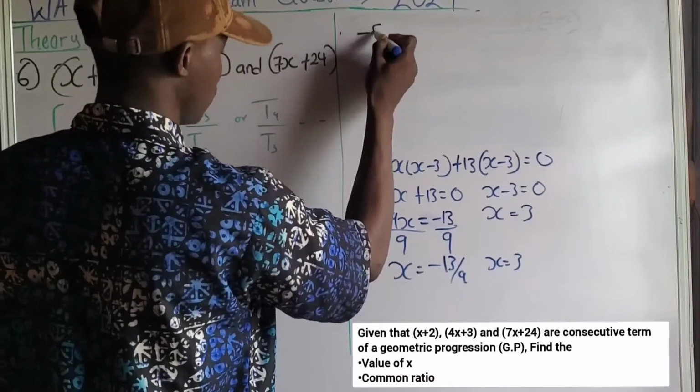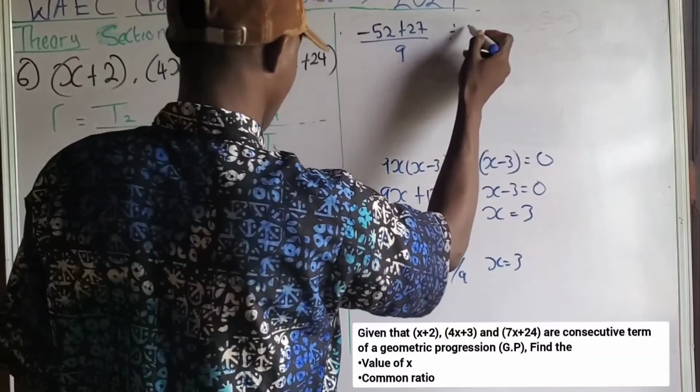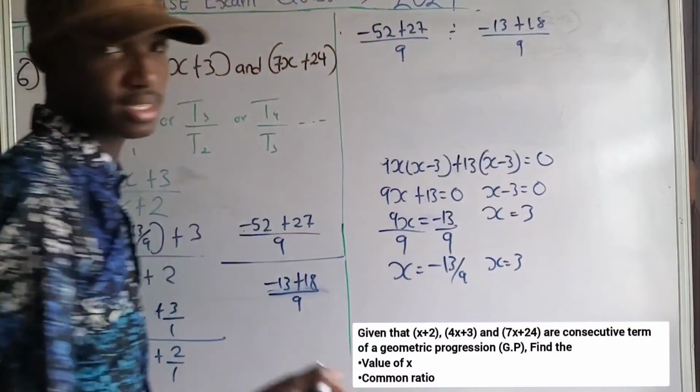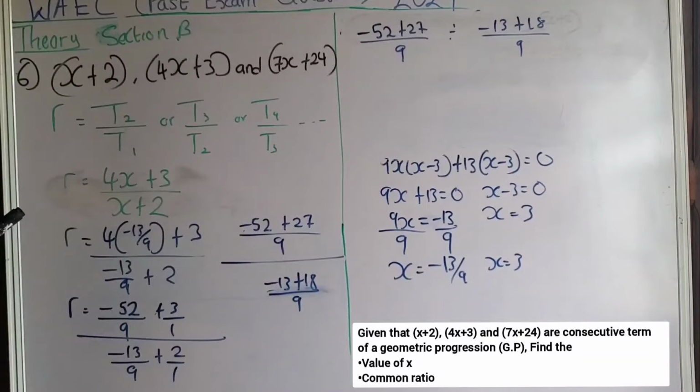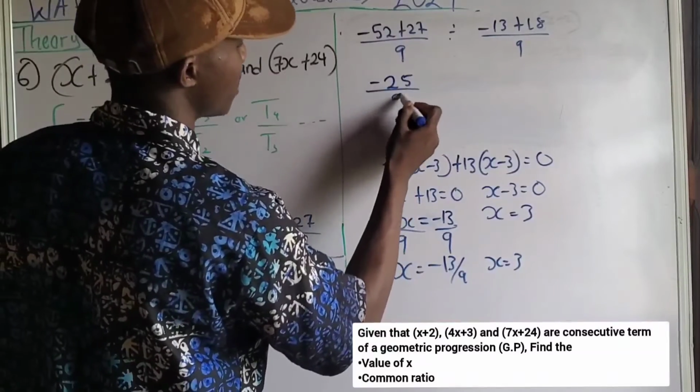Minus 52 plus 27 all over 9 divided by minus 13 plus 18 all over 9. You understand? Okay, now minus 52 plus 27, that is what? Minus 25. So I'm going to have minus 25 all over 9.